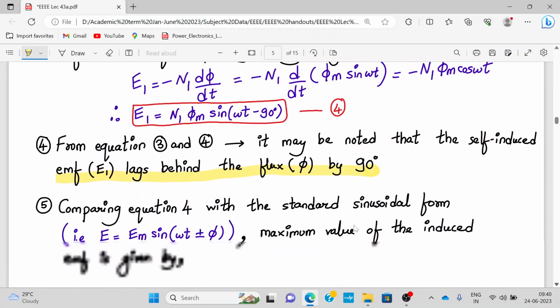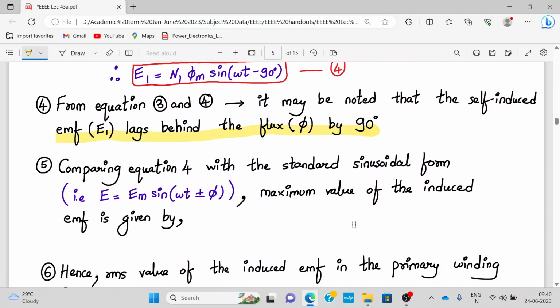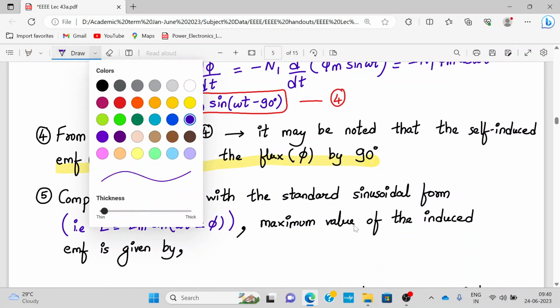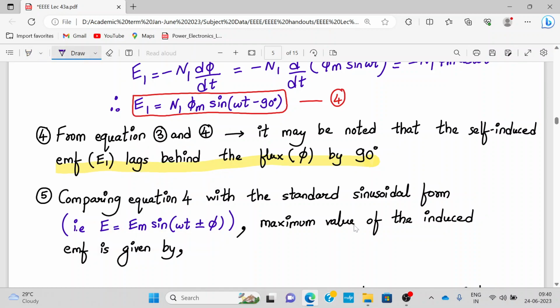Now, comparing equation number 4 with the standard sinusoidal form, E equal to Em sin omega t plus or minus phi. What is the maximum value of the induced EMF? Let's call it Em. The maximum value of the induced EMF is N1.